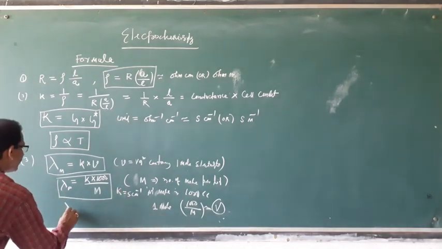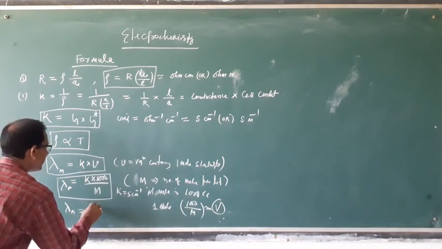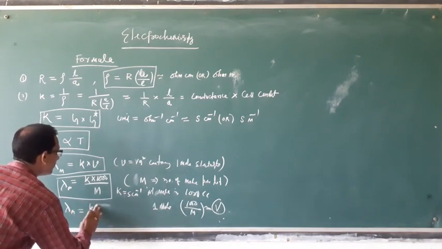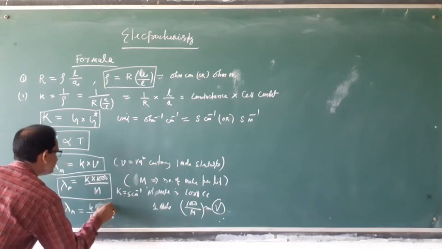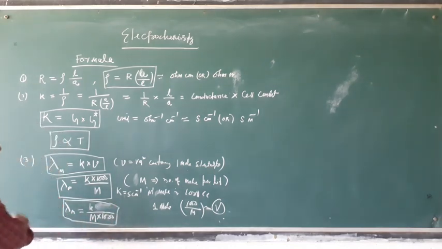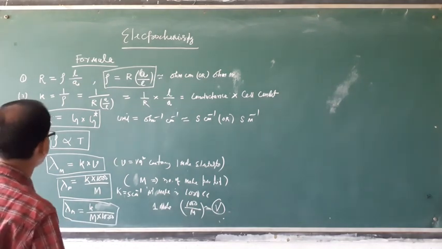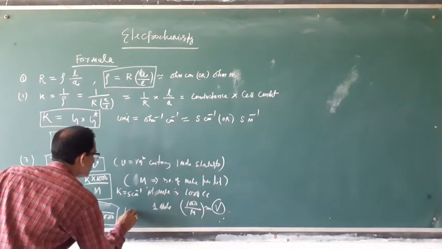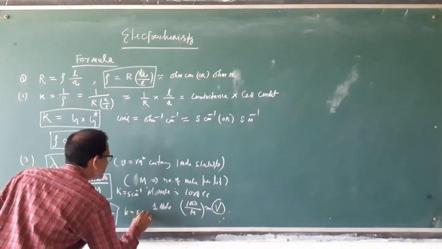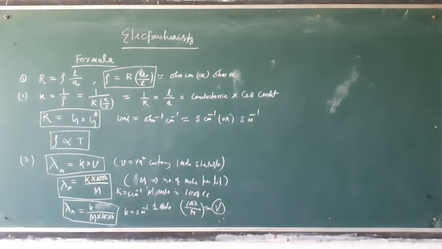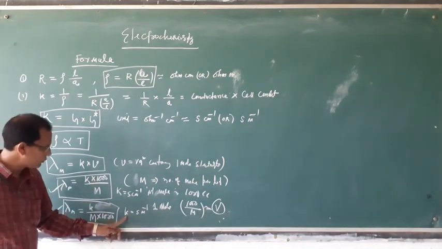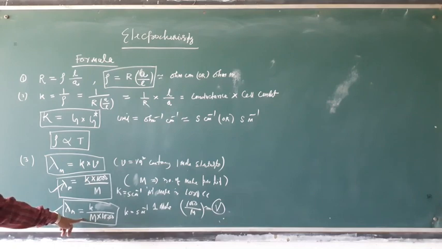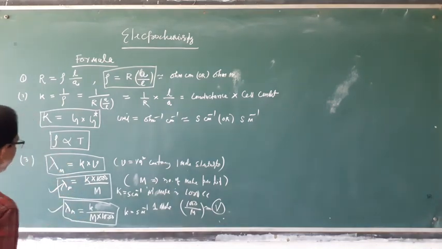But this equation can also be written as kappa upon M into 1000, where kappa unit is S meter inverse. So this is a very important equation. When kappa is in centimeter inverse, you use one formula. When kappa is in meter inverse, we will use the other formula. So this is lambda m.